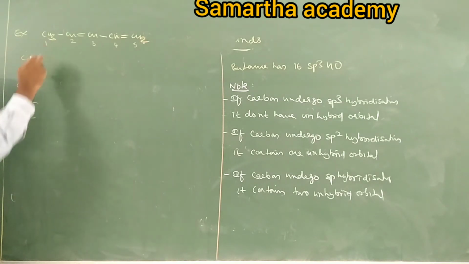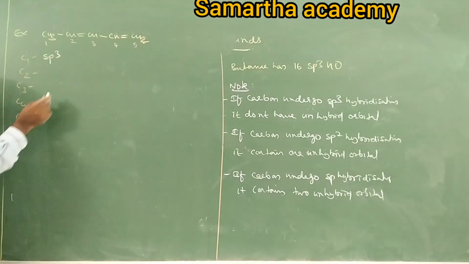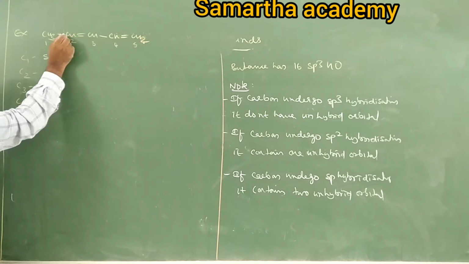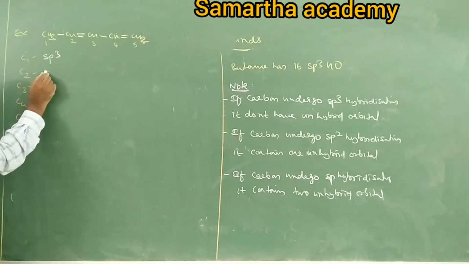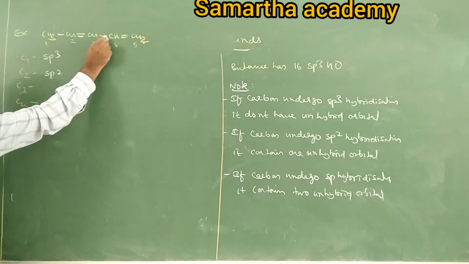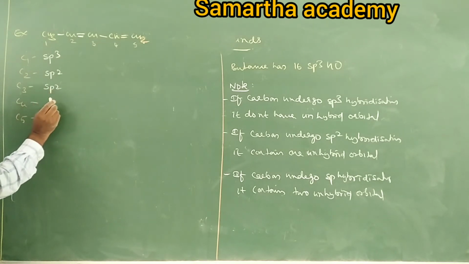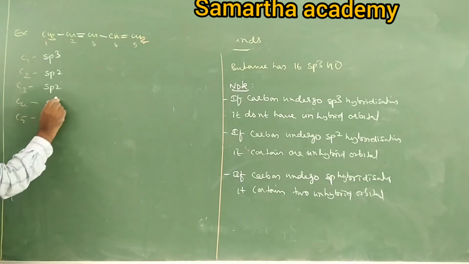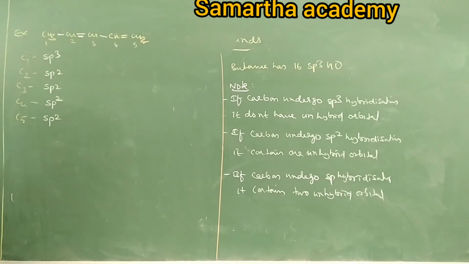First, C1 is sp3, C2 is sp2, because a double bond is there. You see here, one side is a single bond but the other side is a double bond. If there is a double bond on any one side, it is sp2 only. Next, this carbon has a double bond on this side and a single bond on the other side, we should consider the double bond only. sp2, next sp2, next sp2, right? That is the hybridization of C1 to C5.